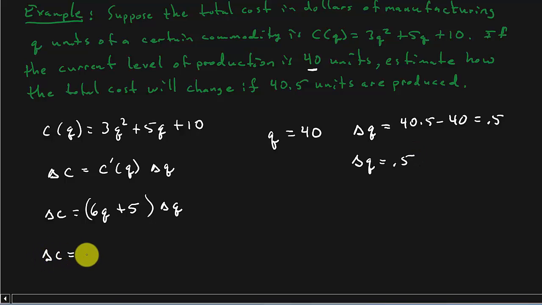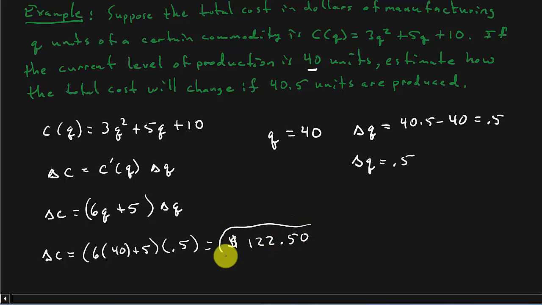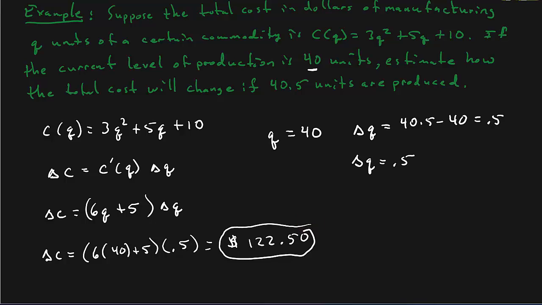And so we get delta C is 6 times 40 plus 5, times 0.5, and that is going to give you $122.50.